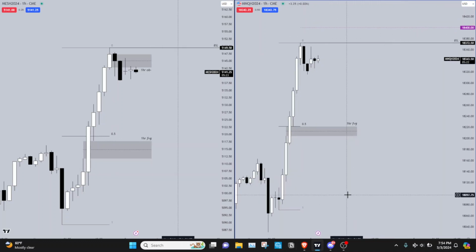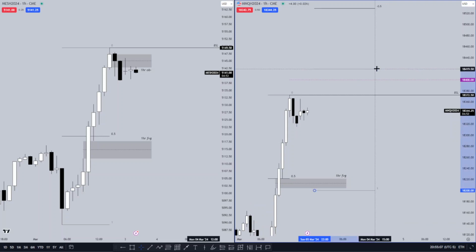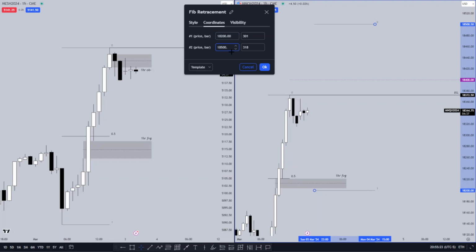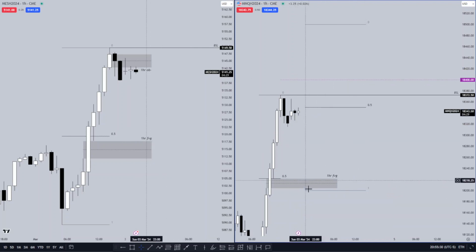Like ICT said, if we take our fibs, the two trade levels, and 0, and then we take it all the way up to 100, 500, right? So right from here to up here, right?